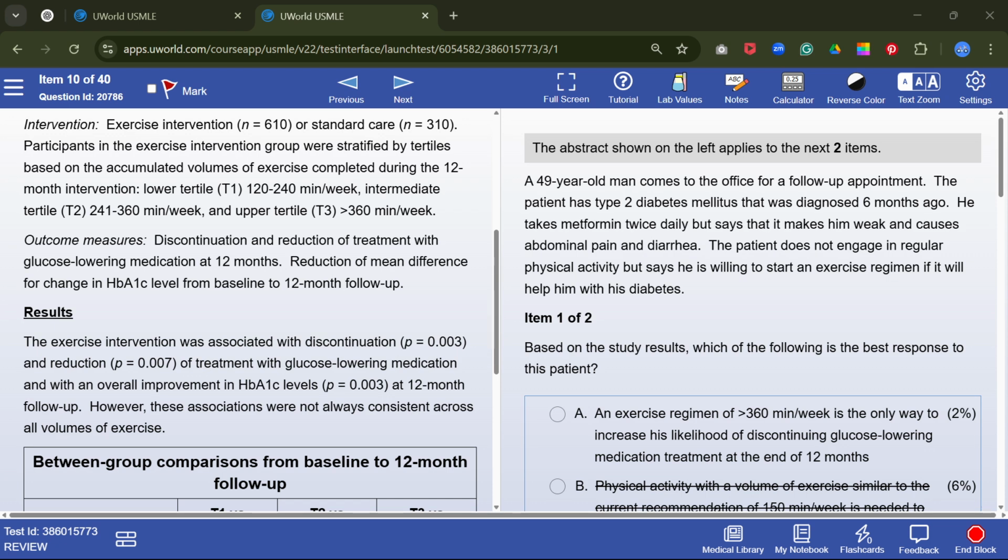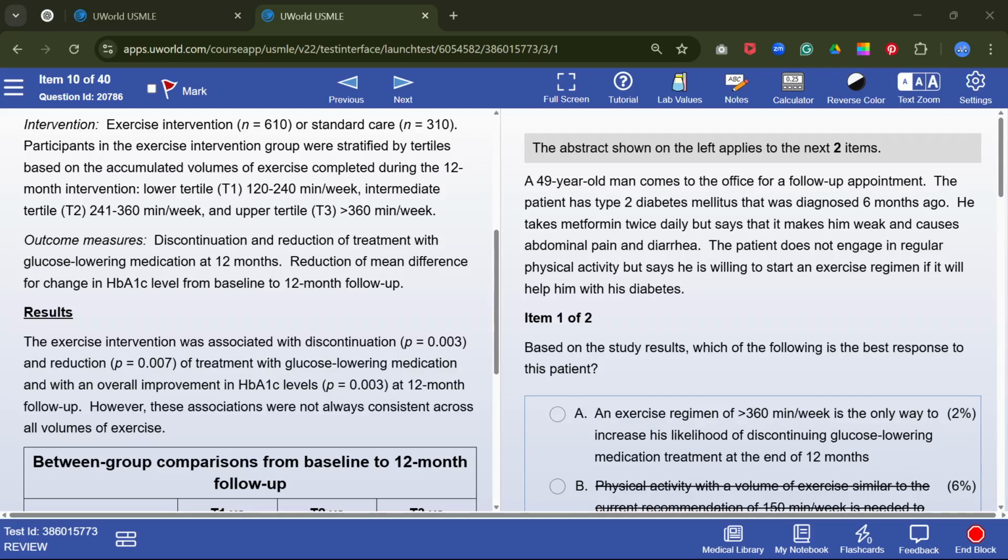Participants in the exercise intervention group were stratified by tertiles based on the accumulated volume of exercise completed during the 12-month intervention. Lower tertile T1 is 120 to 240 minutes per week, intermediate tertile is 241 to 360 minutes per week, and upper tertile T3 is more than 360 minutes per week.